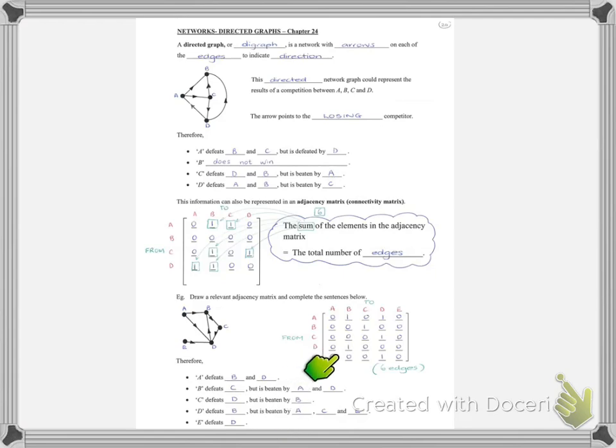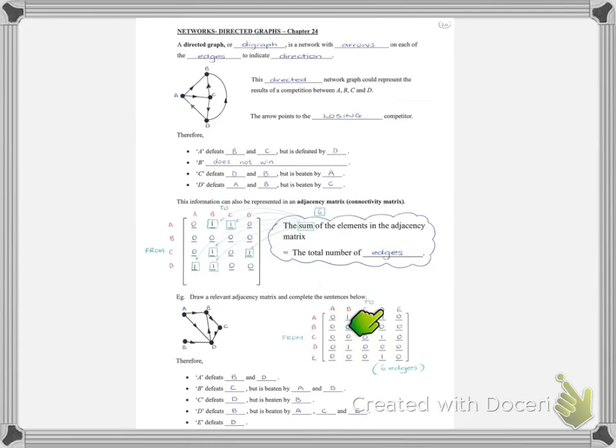D reaches out to and defeats B, but it's beaten by A, C and E. So if we look over here, D is reached to by A, C and E. So you've got to get used to this too.